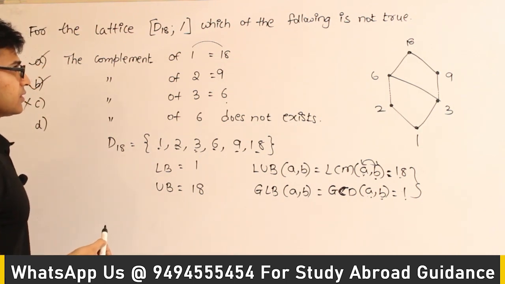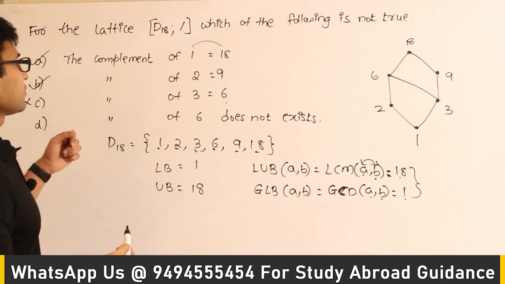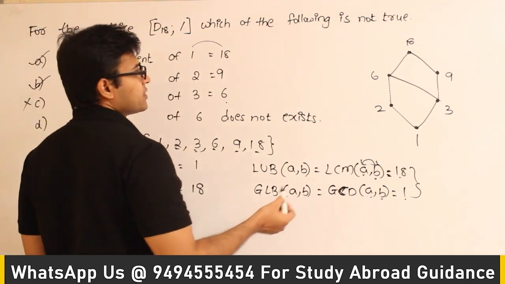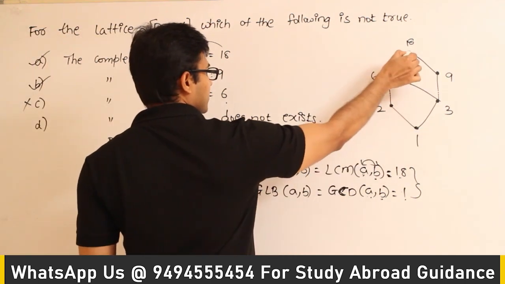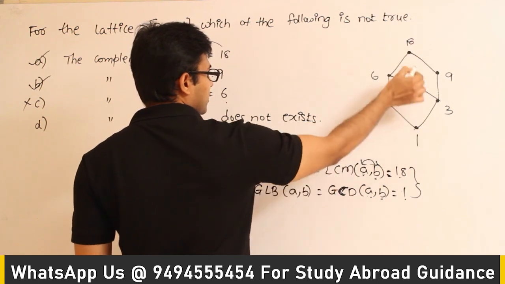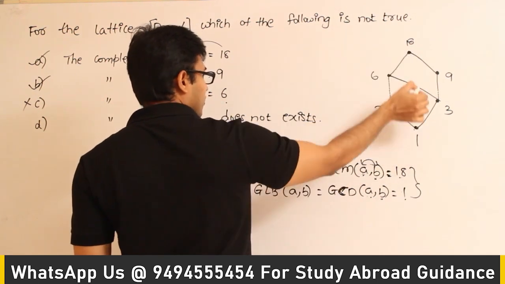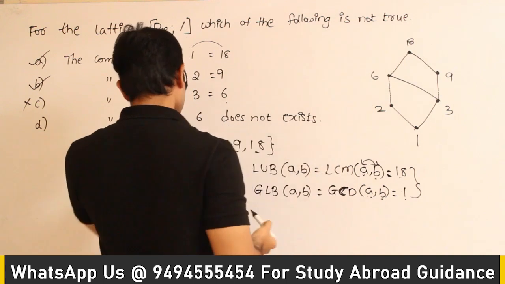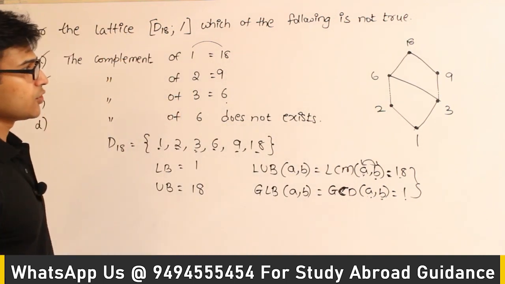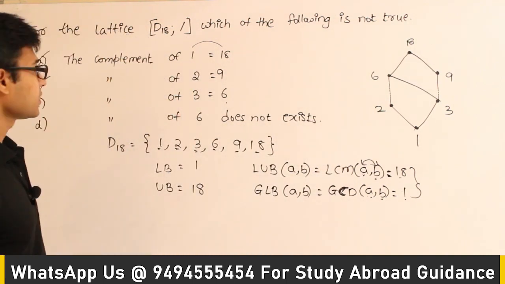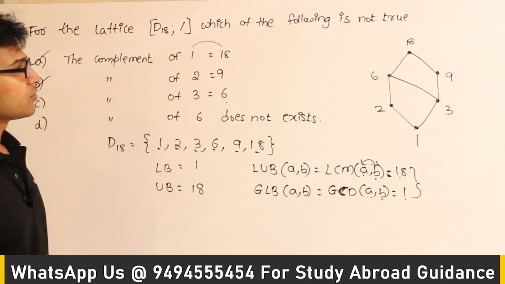Now in this one, if you observe these questions, complement of 1 is 18. 1 is here and 18 is here, of course. So whenever 1 and 18 are here, the least upper bound will be 18 and the greatest lower bound will be 1. Why? Because 1 comma 18 are related, isn't it? And what about complement of 2?